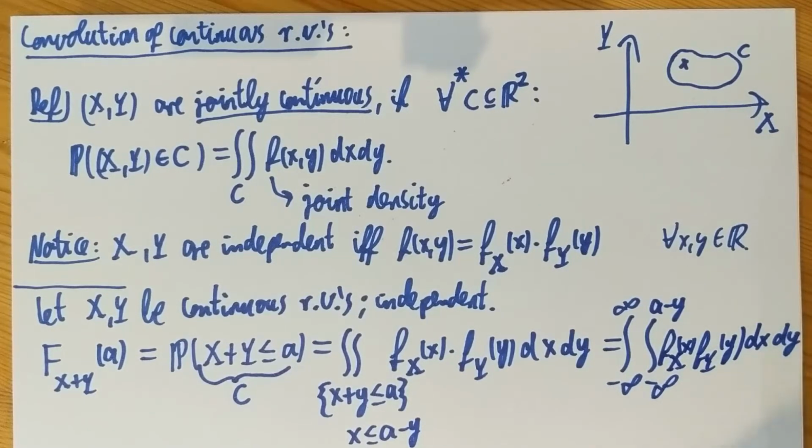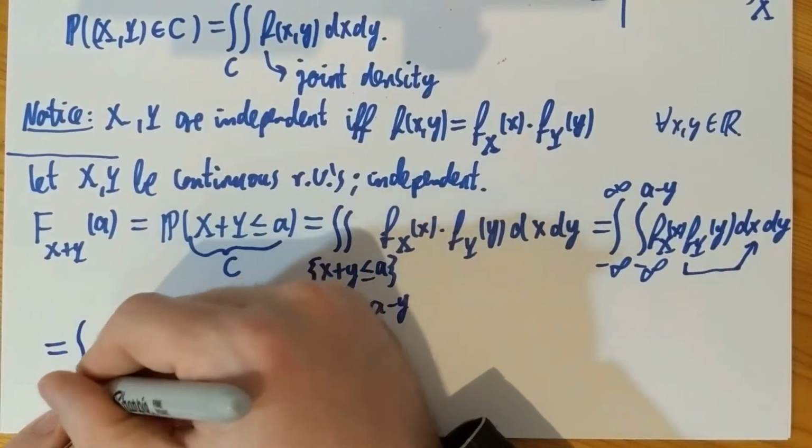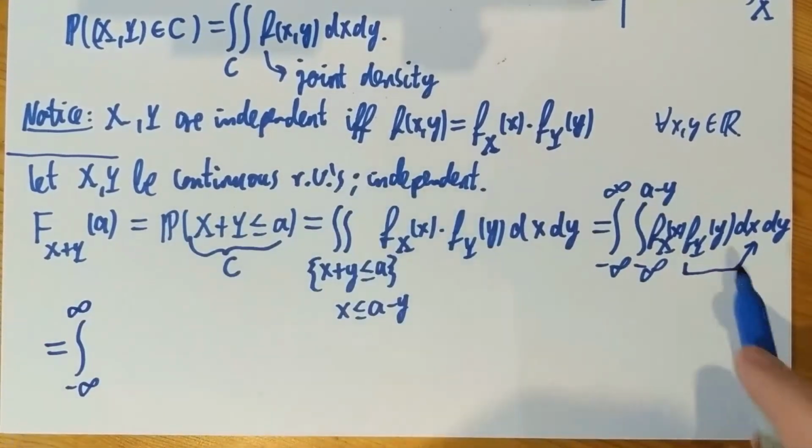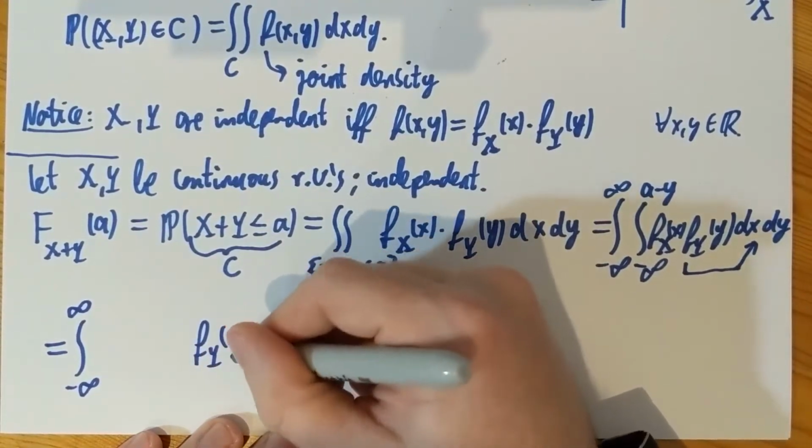Okay, so that's my formula for it. But now you notice something, that I can actually pull f_Y out of the x integration. There is nothing in x in f_Y, so I can pull that out, and I'm left with the integral from minus infinity to a minus y of the density of X marginally. That is going to give me the distribution function for X. So that is going to give me the integral from minus infinity to infinity, so I'm pulling the density for y back here.